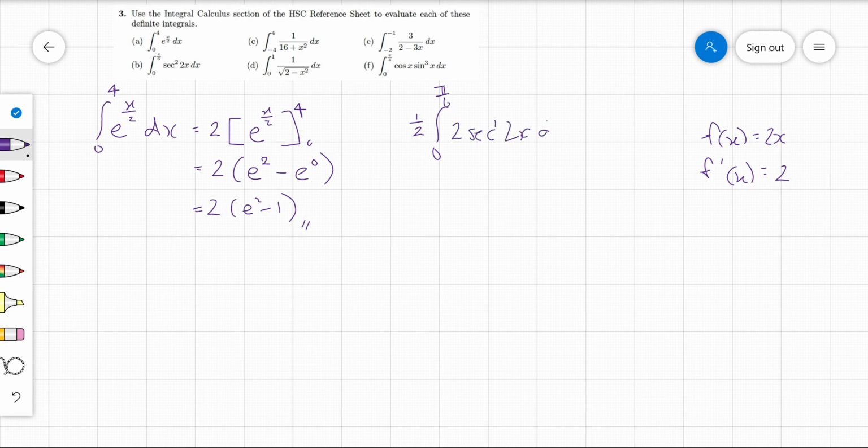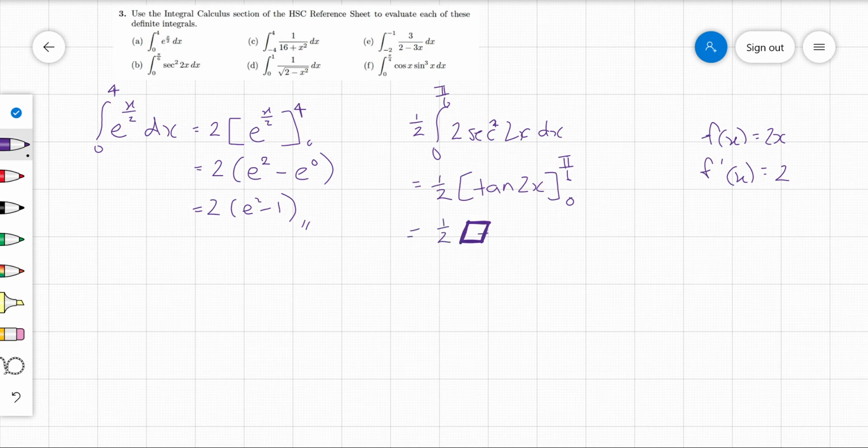Once you've got the derivative there as well, you can just do it straight from the reference sheet. So sec squared integrates to tan. So I've got tan of the function, which is 2x, between 0 and pi on 6. Now when you do that, don't forget we sub in the top first.